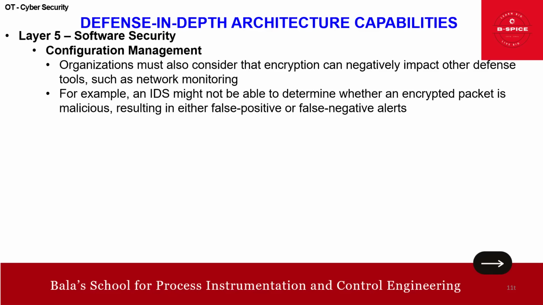Since an IDS might not be able to determine whether an encrypted packet is malicious, resulting in either false positive or false negative alerts, we have to use an intrusion protection system with SSL and TLS inspection, meaning deploy an inline IPS that can decrypt and inspect encrypted traffic. Those kinds of things we have to do for this.